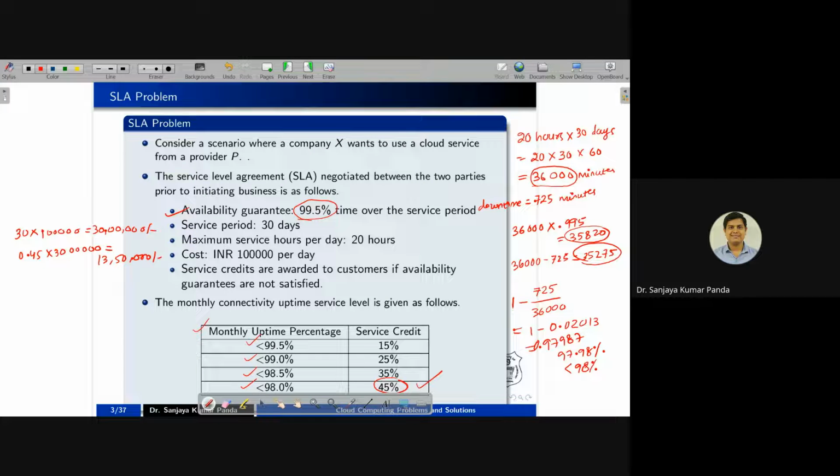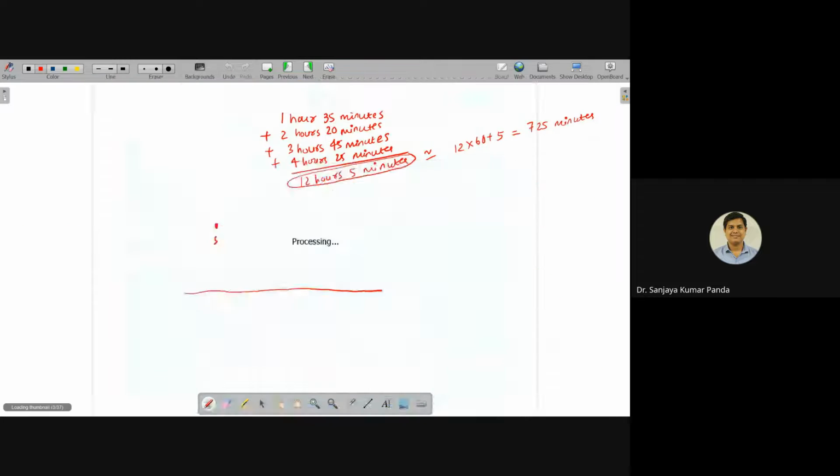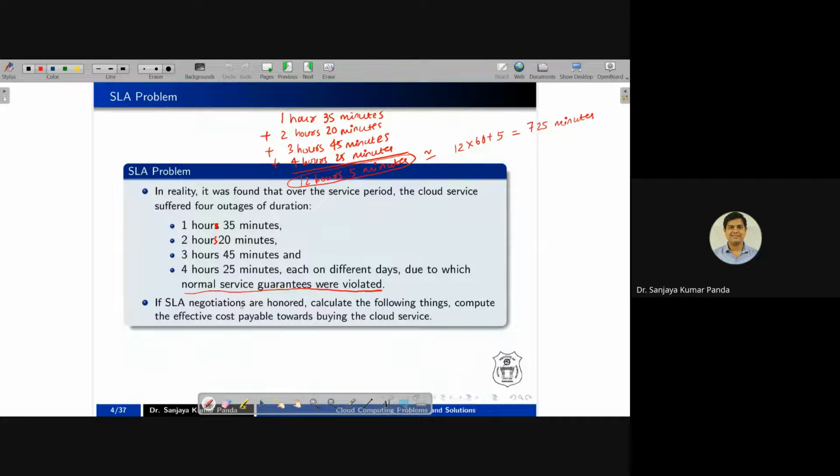This is the penalty to whom? Provider P will be charged 13 lakhs 50,000. But what is our question? The question is: what is the effective cost payable towards buying the cloud service? For buying the cloud service, we have to pay 30 lakh.